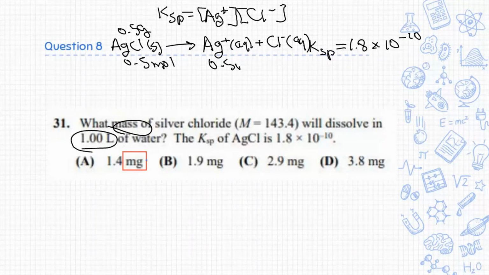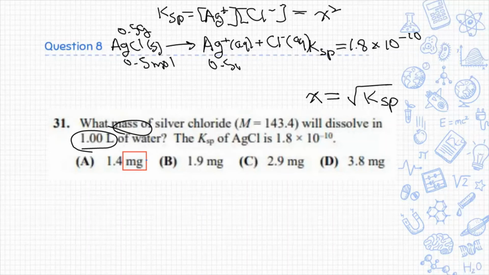So if we assume the concentration of Ag plus to be X, that X would also be the concentration of chloride ion. Therefore, we can say that this is X squared. Then we can say that X is equal to the square root of Ksp.